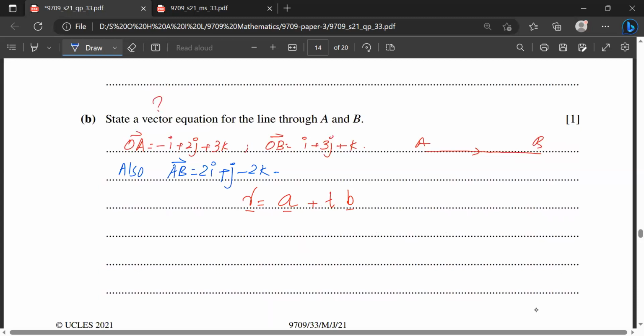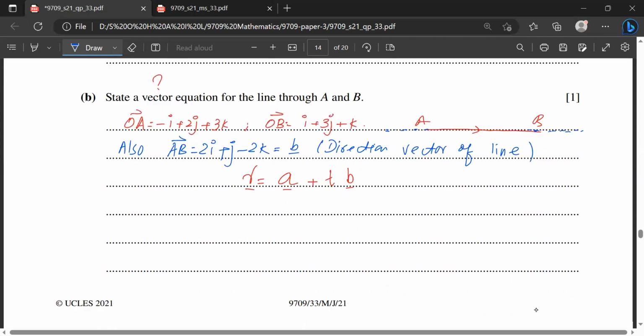So this vector can be used as the direction vector because line AB is passing through A and B, and AB is the vector lying on that line.